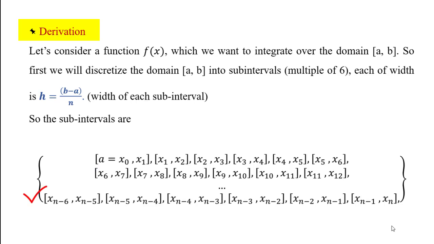To find the composite Wedel's formula, we will add up all these integrals over the intervals x0 to x6, x6 to x12, x12 to x18, and so on, up to x(n-6) to xn.